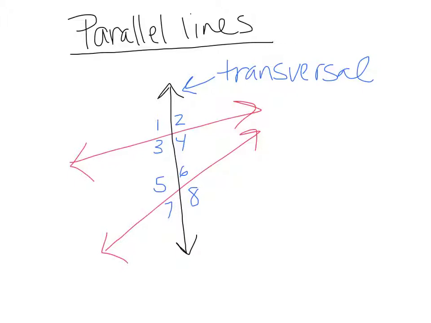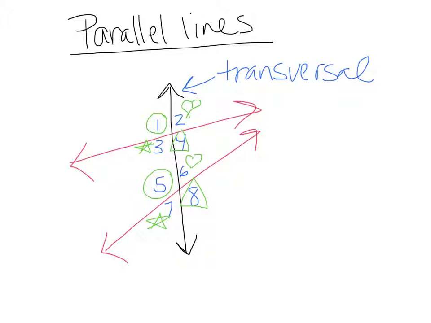Now when I look at these lines, we're going to get some vocabulary words for how to relate these angles. The first kind of angles we have are angles like 1 and 5 or 4 and 8, 3 and 7, and then finally 2 and 6. Notice those 4 pairs.